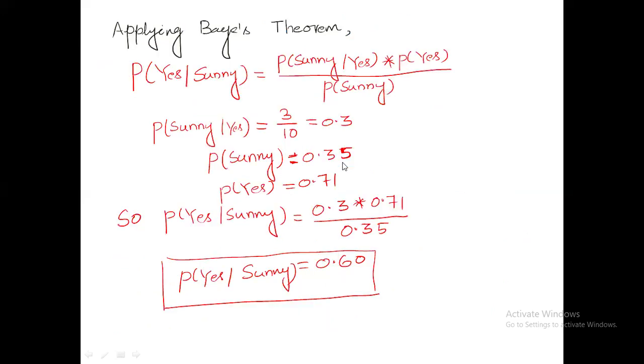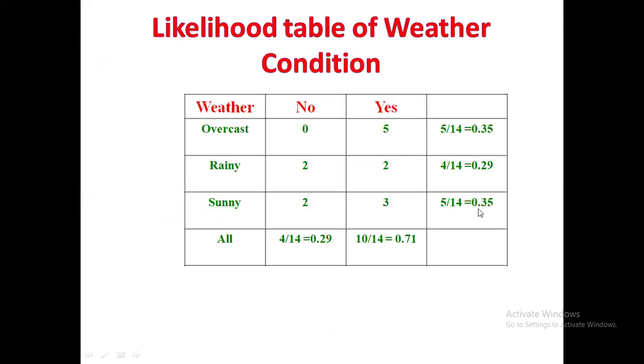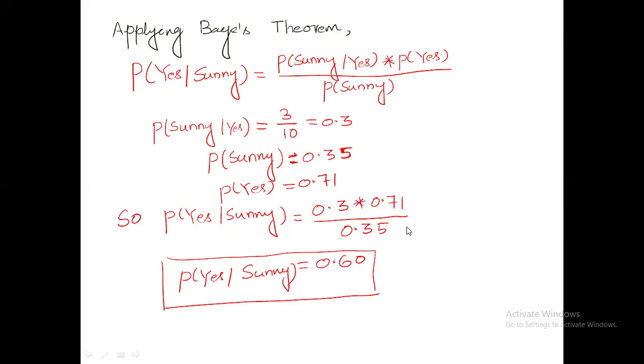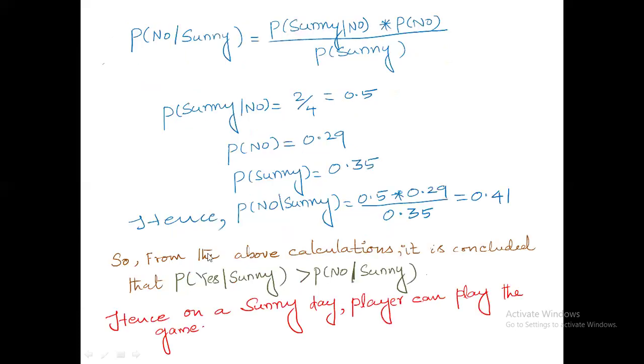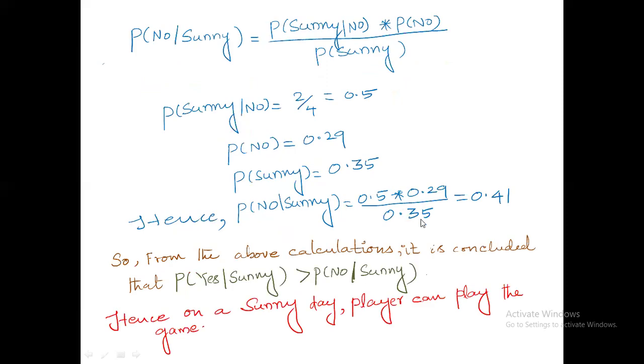We found out already, 5 divided by 14, we are getting 0.35. So hence probability of no given sunny is sunny given no into probability of no divided by probability of sunny: 0.5 into 0.29 divided by 0.35 is equal to 0.41.